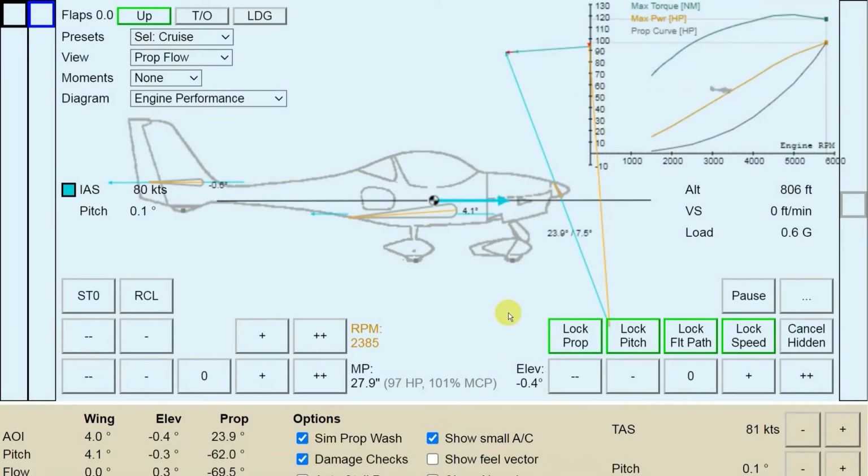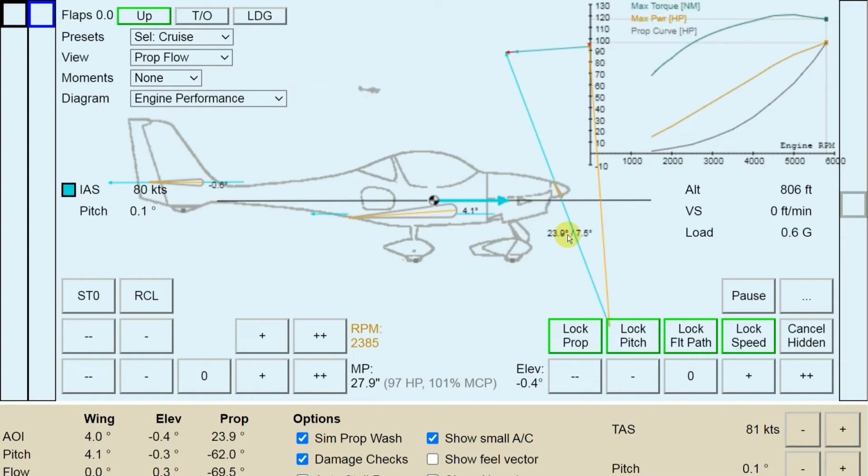So to summarize, we saw that the fixed pitch propeller can deliver maximum engine power only at one defined aircraft speed. This aircraft speed depends on the blade angle of the propeller. In our experiment, we locked the blade angle to 23.9 degrees.